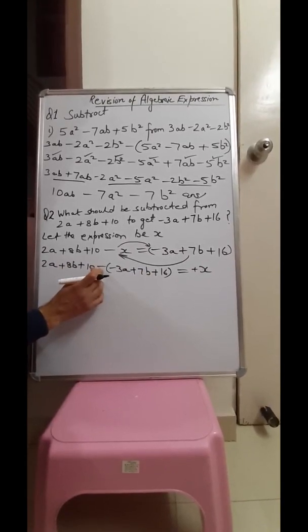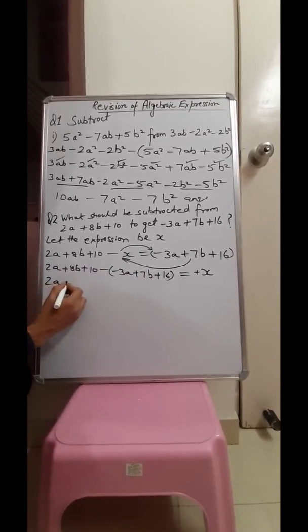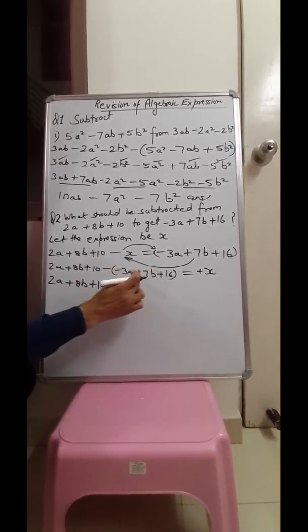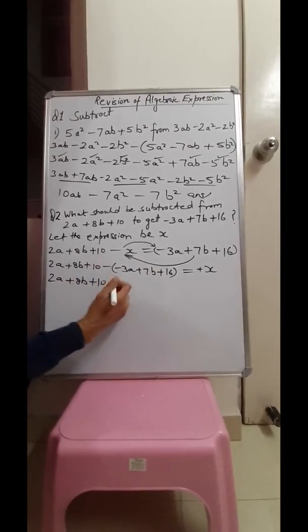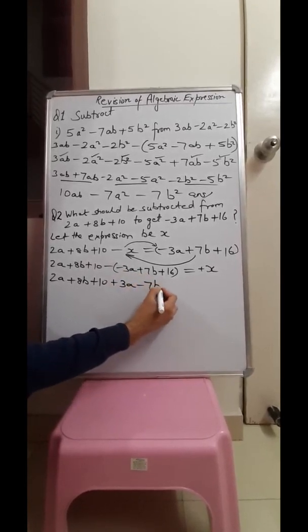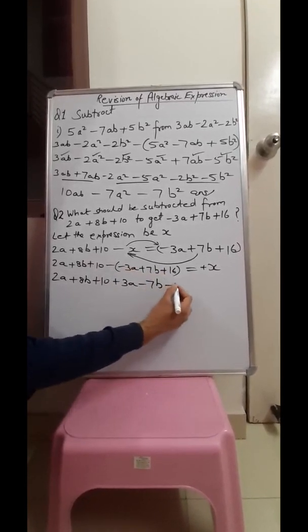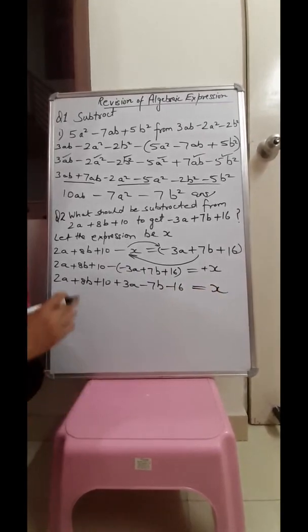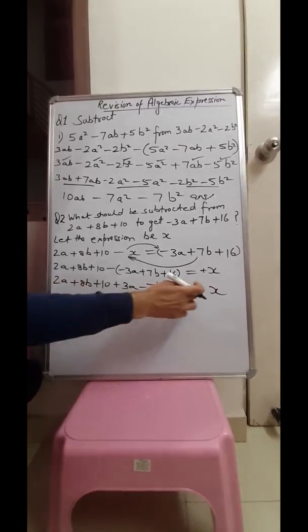We have a sign of minus. So what will happen when you open the bracket? All the terms' signs will get changed. So minus minus plus 3a, this becomes plus, minus minus 7b, this becomes plus, minus minus 16, and this will give us x.